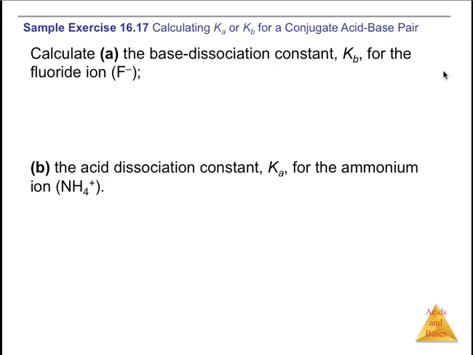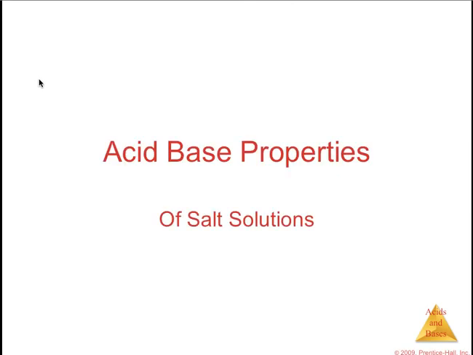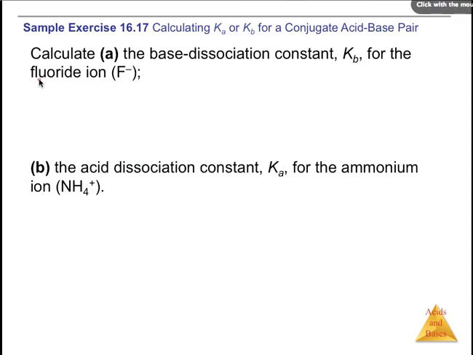Calculate the base dissociation constant, Kb, for the fluoride ion. We know that Ka for HF is equal to 6.8 times 10 to the negative fourth. That is given in the chart.